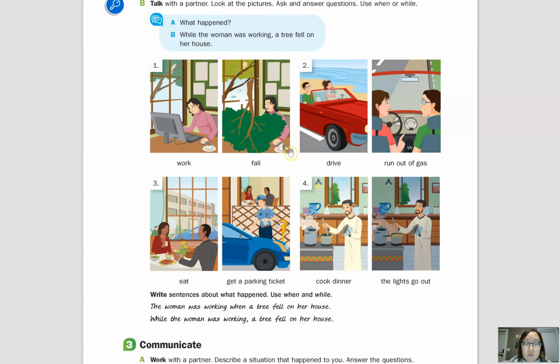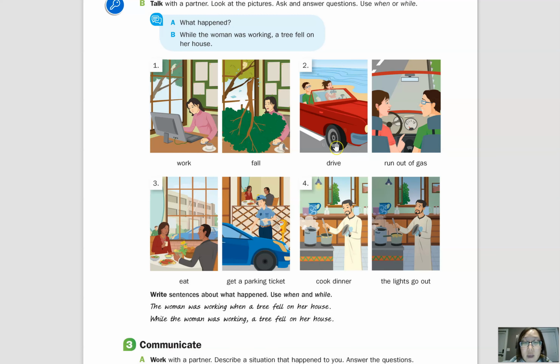Okay, so for number 2, of course we can ask the question, what happened? And if we use while, we can say, while the couple was driving, they ran out of gas. Remember, you have to use past tense. So again, while the couple was driving, and remember, couple is singular, so that's why you use was.